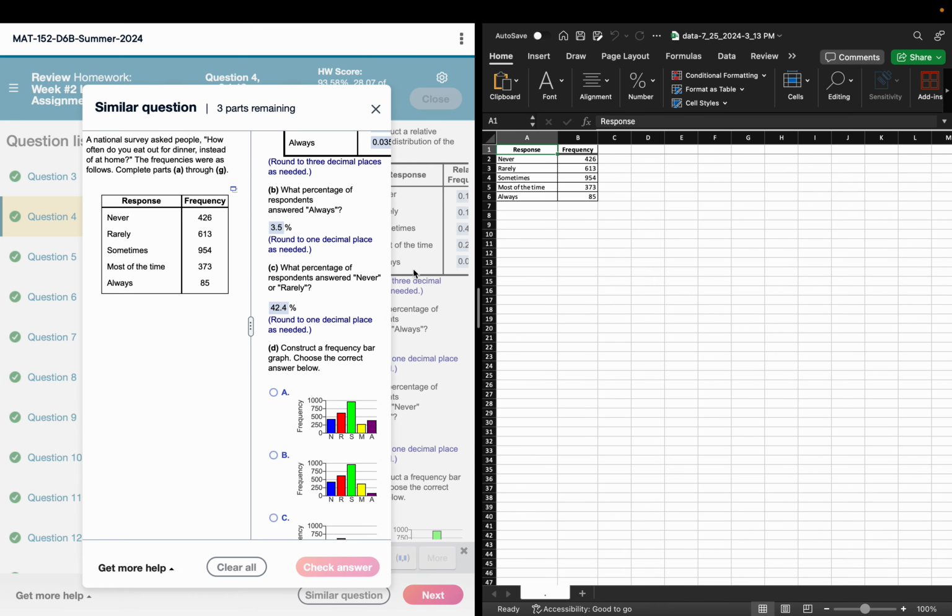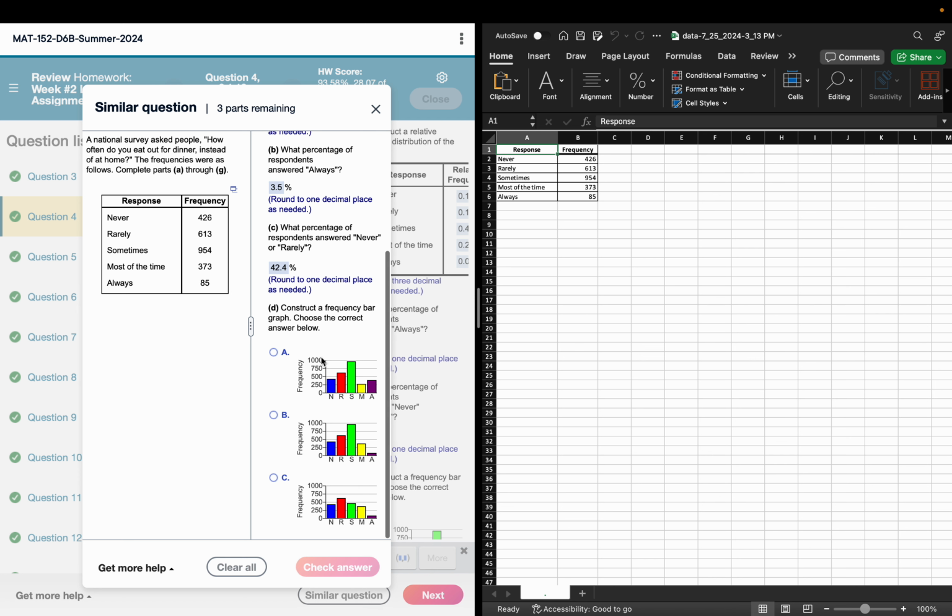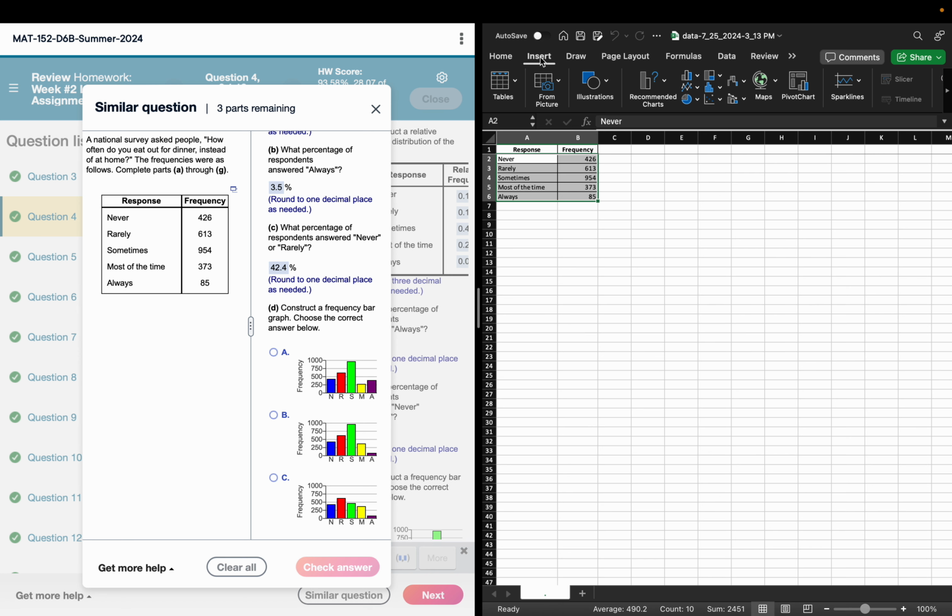Let's make a frequency bar graph out of all this. Let's highlight everything we need here, go to Insert, and look at charts.